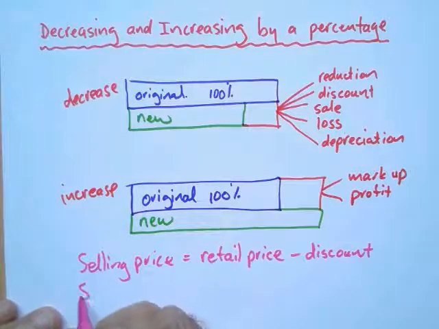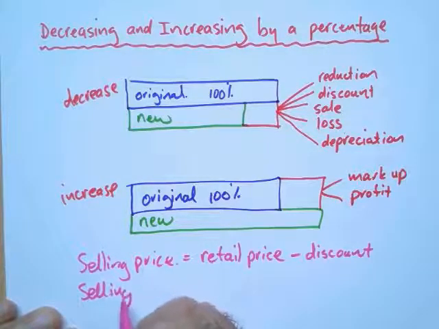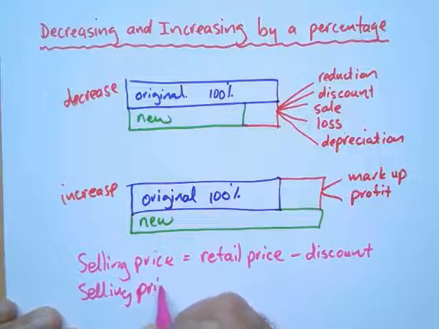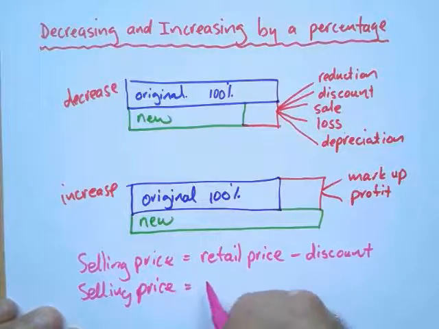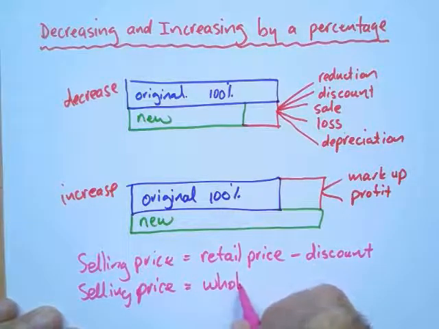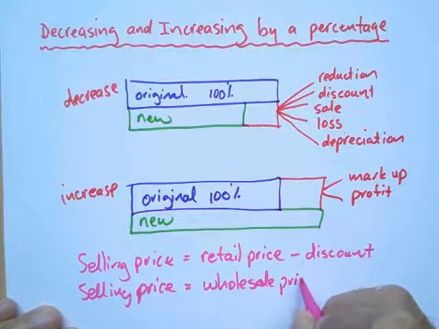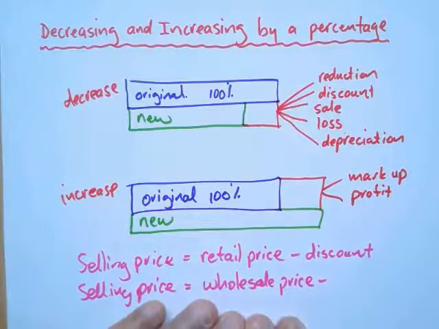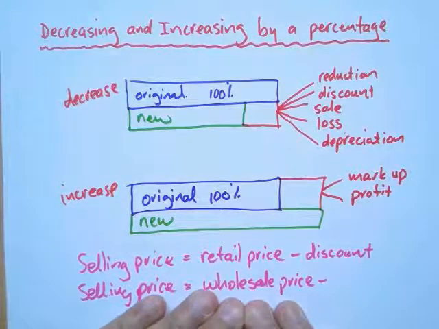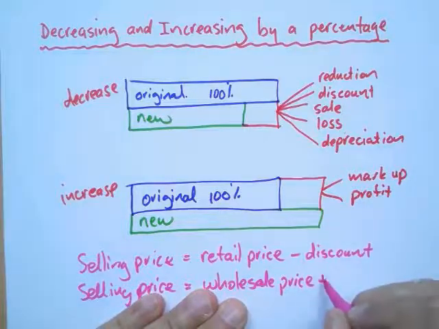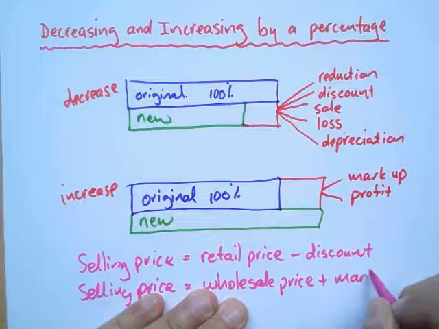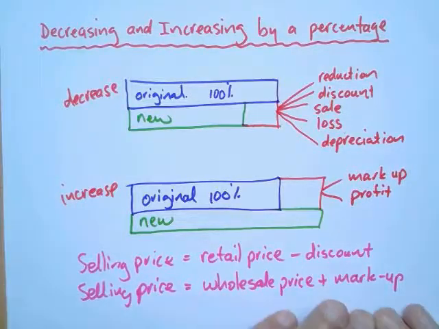Another formula for the selling price uses the wholesale price, which is what the shop bought their stuff for. So they bought it for some price, and then they're going to add some markup, so they can mark up the price so that they make a profit.